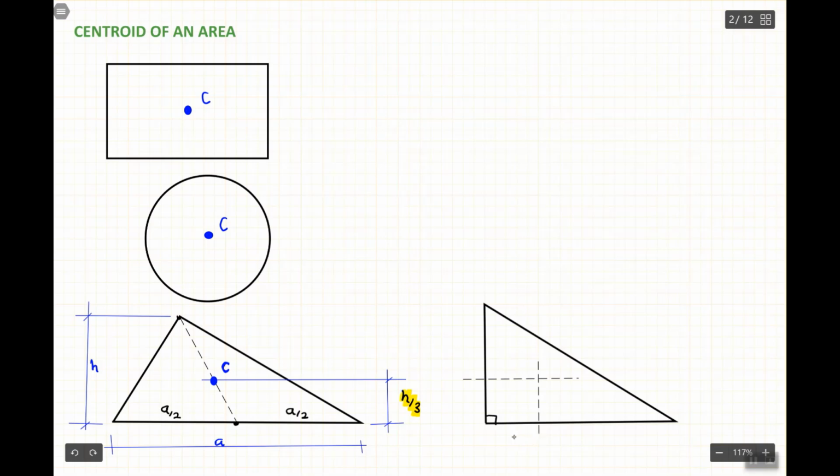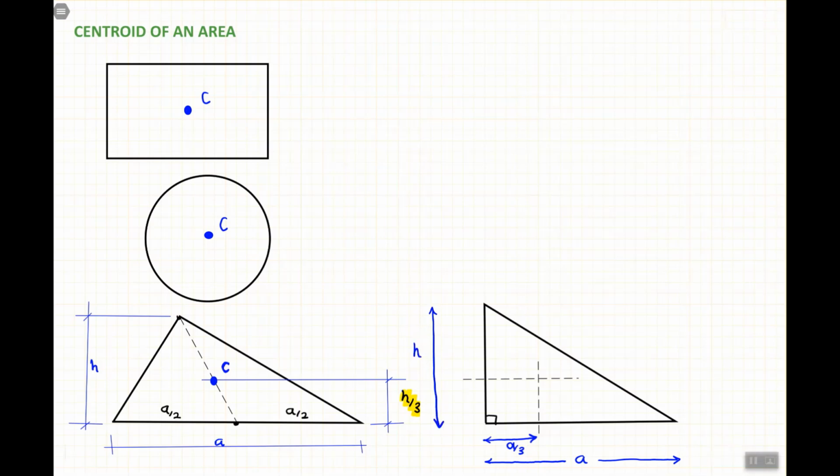If this side has length a, then this distance is a divided by 3, and the height over here, if it is h, or let's call it b for simplicity, this distance is b divided by 3.